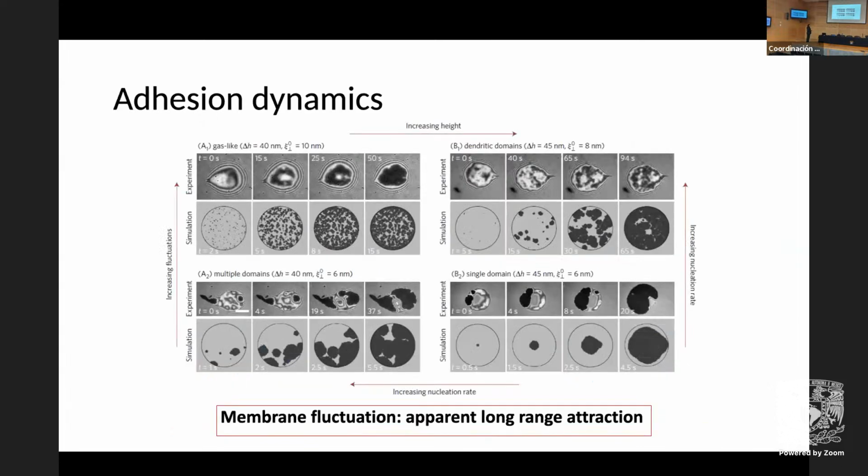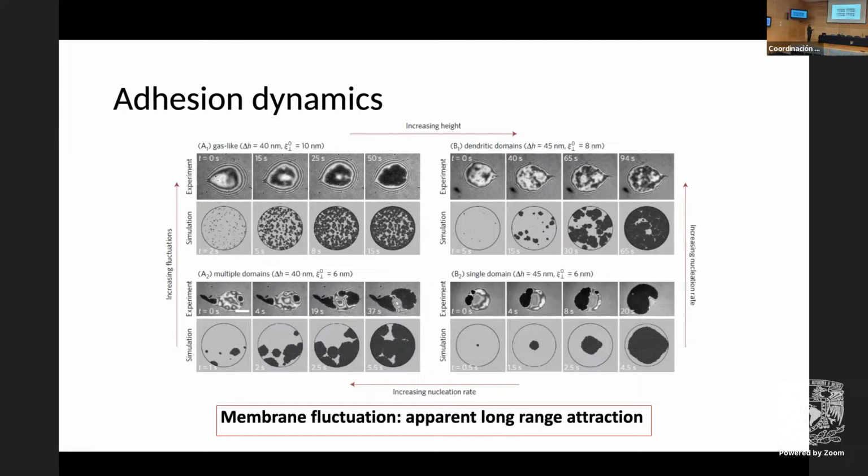So we use these ideas to do, here are the simulations from my colleague, Anna Smith. She's a professor in Germany. And these are the experiments, all right? And they kind of look similar. You have to increase fluctuation. So this is increasing fluctuation, and this is increasing height, because obviously it also depends on how far you are to begin with. So when you have very little fluctuation, and you're not very far either, you manage to form bonds, and you make a strong adhesion.